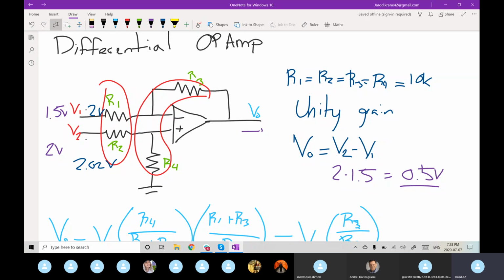Questions on this? No questions at all? Okay, well, that is it for OpAmps.